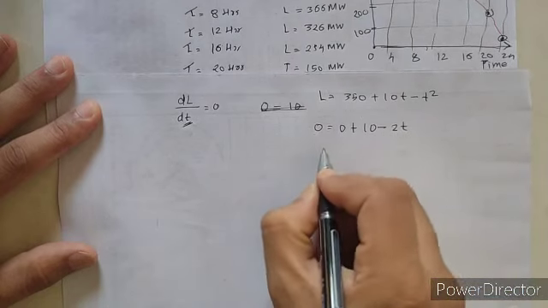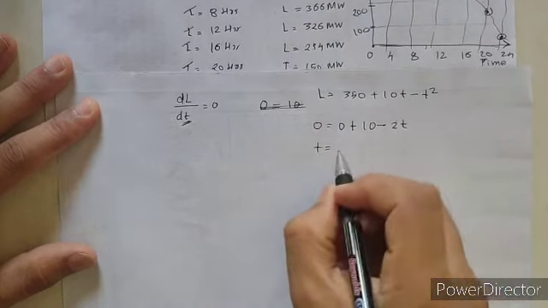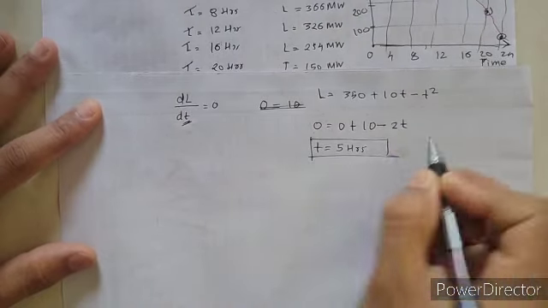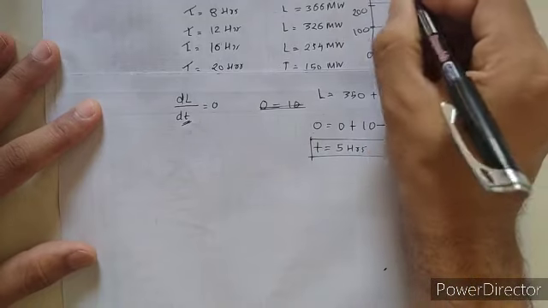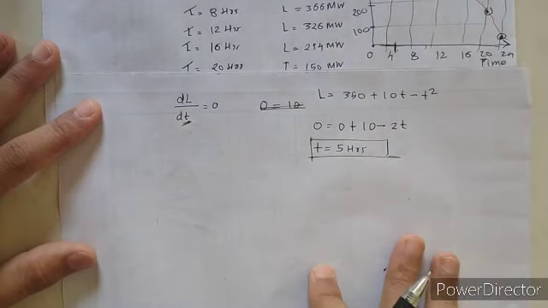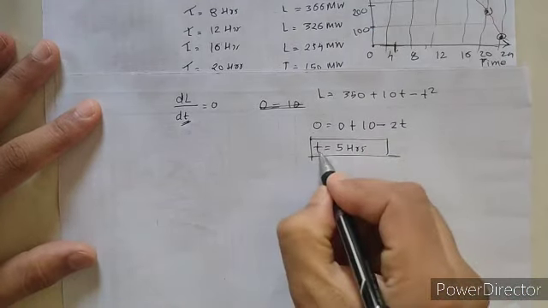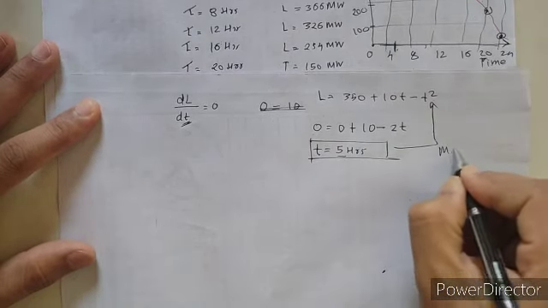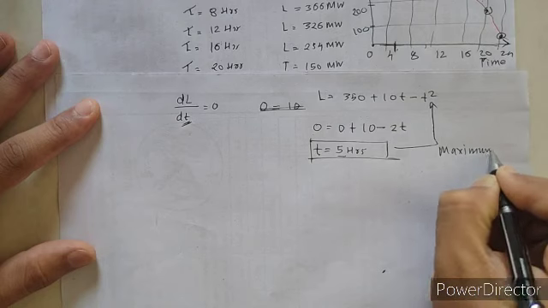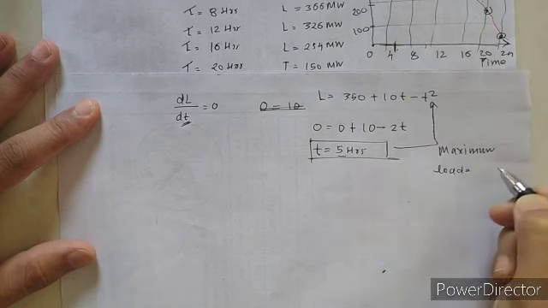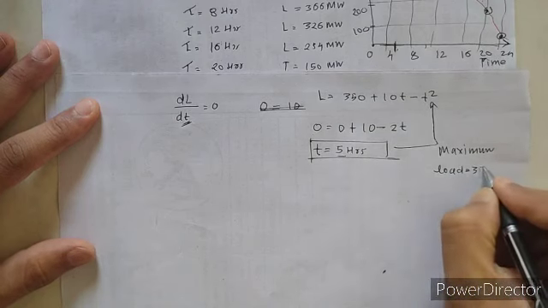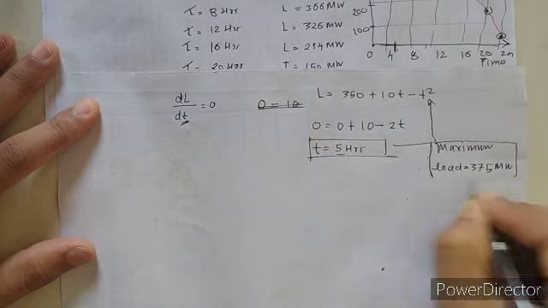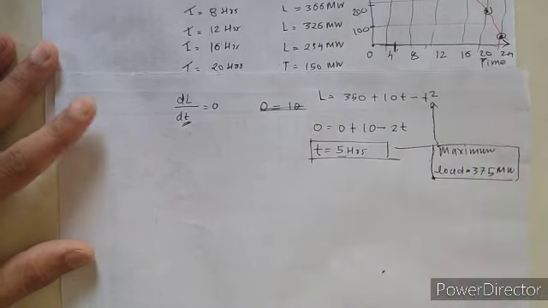On this basis we get t equals 5 hours. So at 5 hours we will get maximum load. By putting 5 hours in this equation we get maximum load equals 375 megawatt. So this is the maximum load.